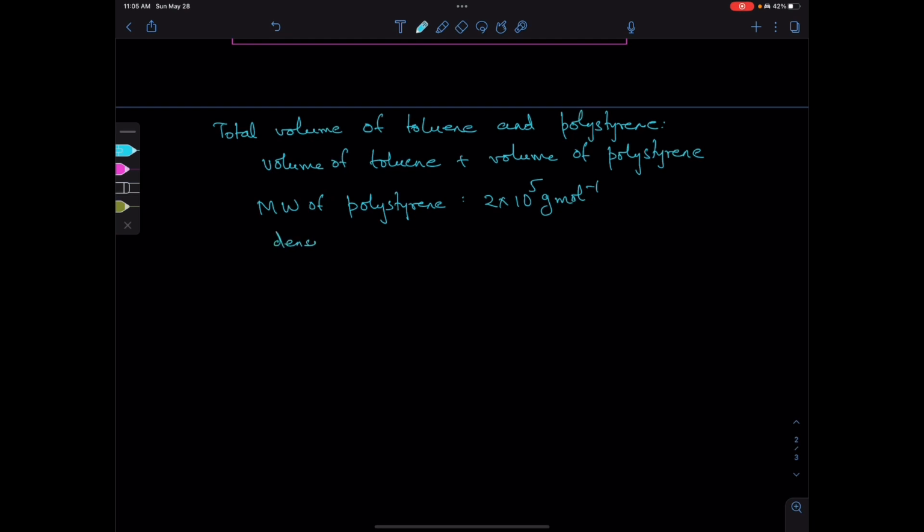Density of polystyrene from table 3.2 is 1.06 grams per centimeter cube. So number of moles of polystyrene is given as 1 mole.